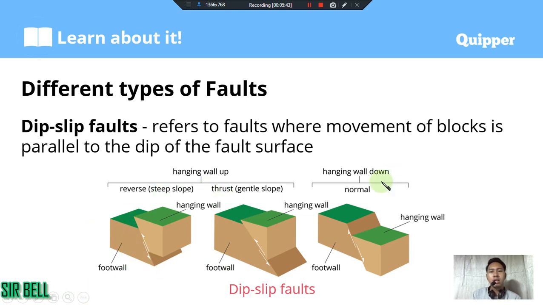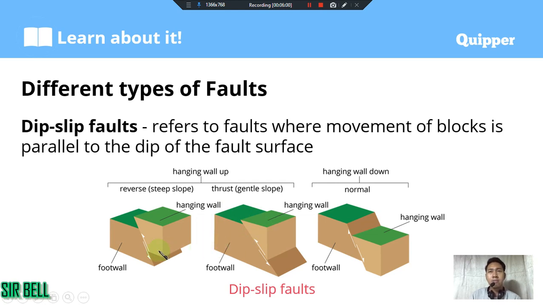It has something to do with the movements of the hanging wall and footwall as to their direction.